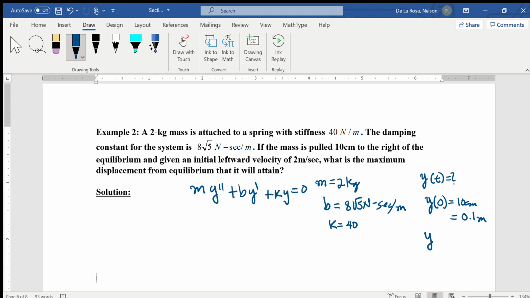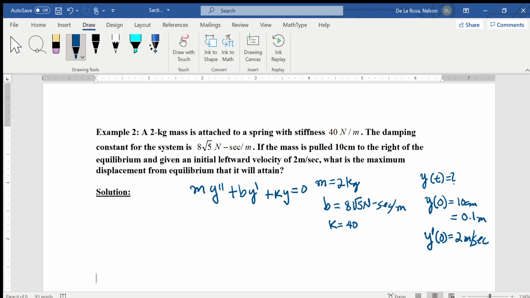We know the velocity is the derivative of the distance. So the velocity, which is the derivative of y, is going to be 2 meters per second.